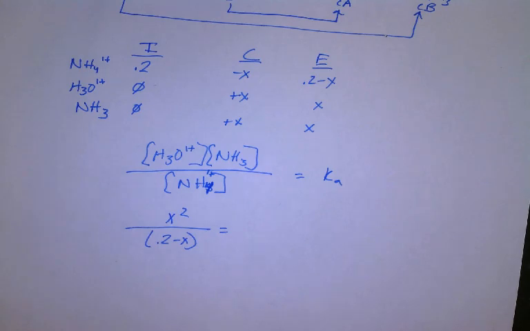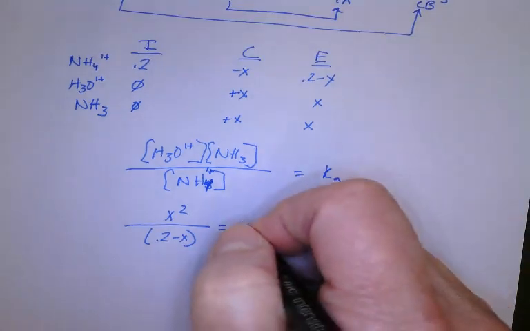Now, I don't know my Ka for ammonium. What am I going to have to do? I'm going to have to go to my chart and look that up, right? So ammonium is pretty weak.